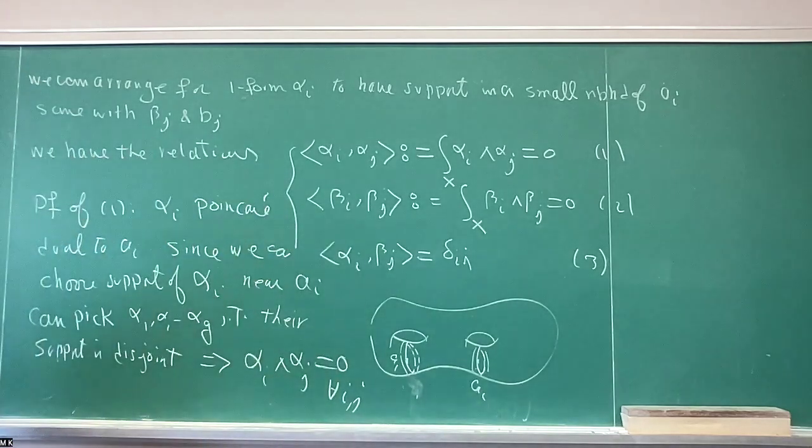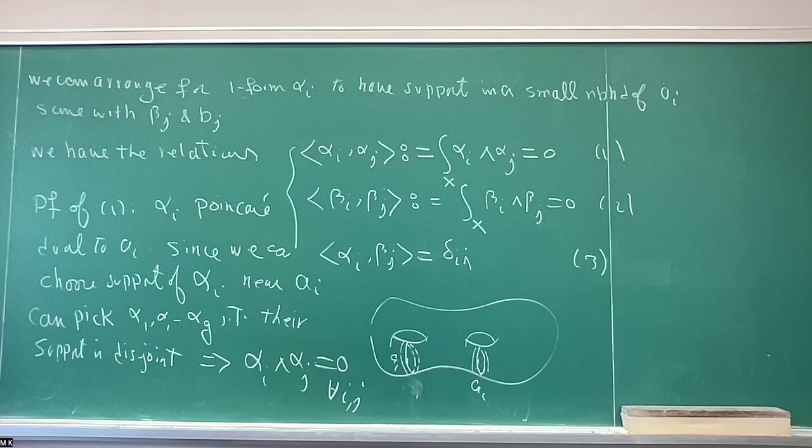What about if I is equal to j? What happens? Perturb one a little bit, then you get the transverse. You don't even have to perturb. What is a one-form wedge with itself?